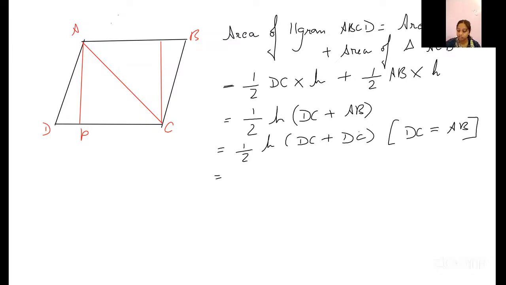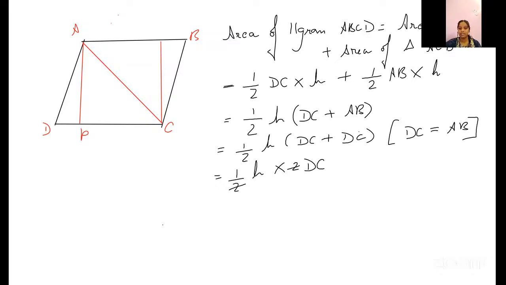So 1 by 2 height into 2DC. This 2 cancels with this 2.